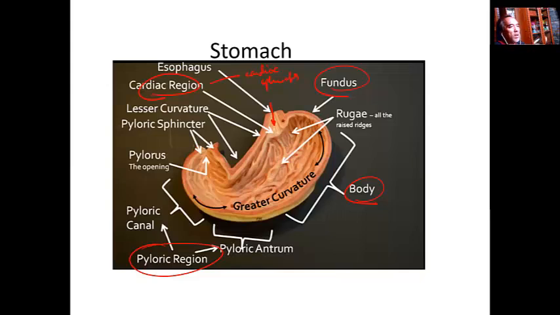You'll notice that the walls of the stomach have rugae, which are raised ridges in the lining of the walls of the stomach. And then your pyloric region is divided into the antrum, then the canal, and the pyloric valve. And then we see again the lesser curvature and the greater curvature.